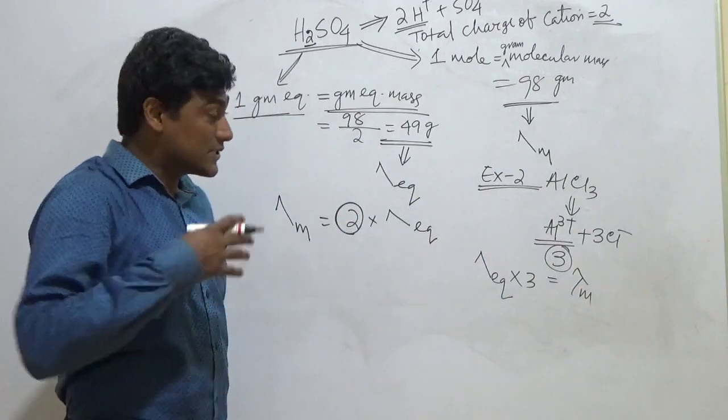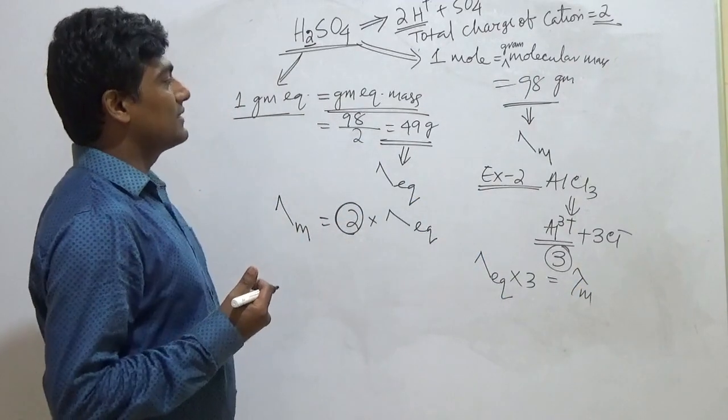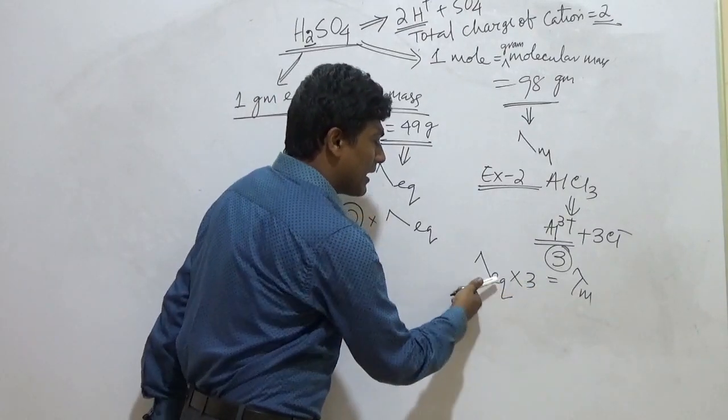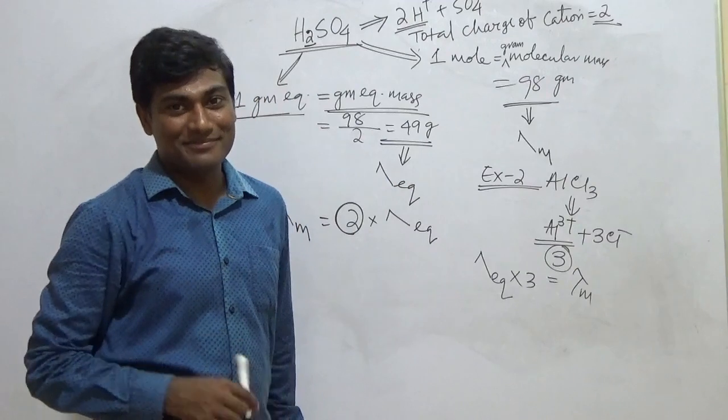Or simply you can say lambda m by lambda eq is equal to 3.